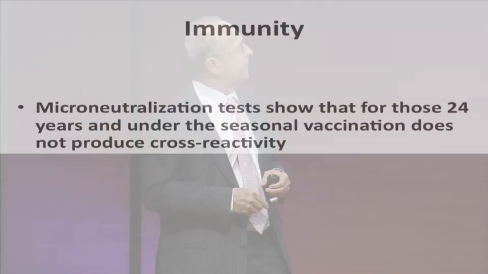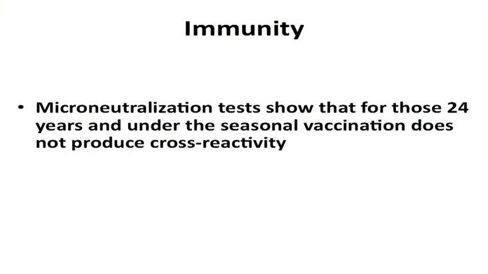Now, what is also quite unusual is that microneutralization tests show that for those 24 years and under, the seasonal vaccination does not produce cross-reactivity. So in other words, people who are young, even if they have been vaccinated, have very little protection against this.